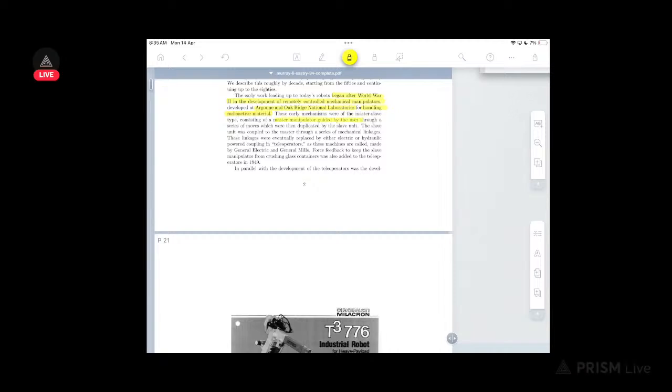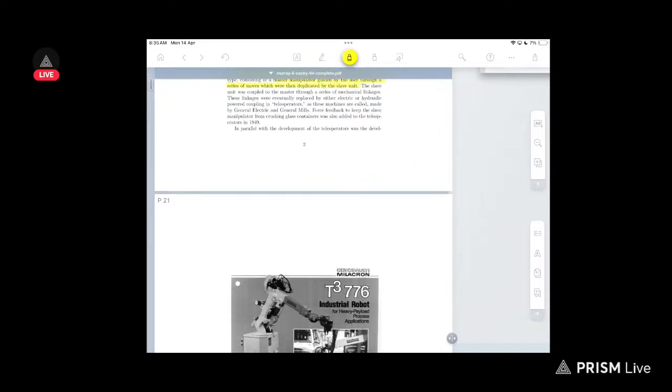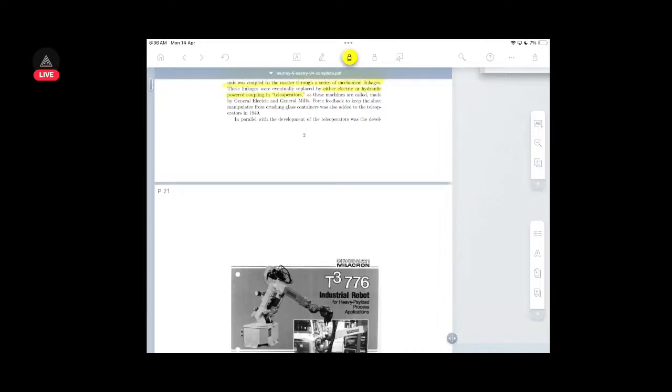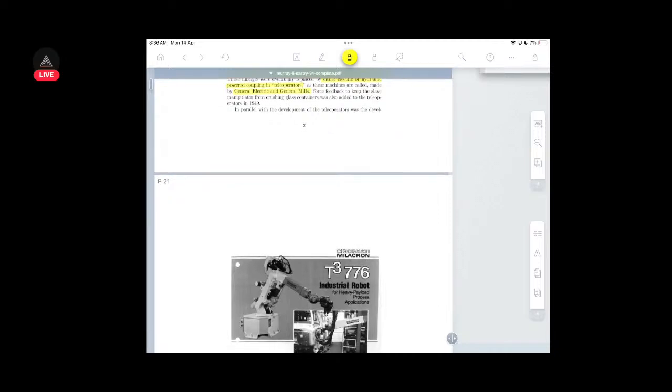A master manipulator was guided by the user through a series of moves that were depicted by a slave unit. The slave unit was coupled to the master through a series of mechanical linkages. Later there were either electric or hydraulic powered teleoperators. They were made by General Electric and General Mills.